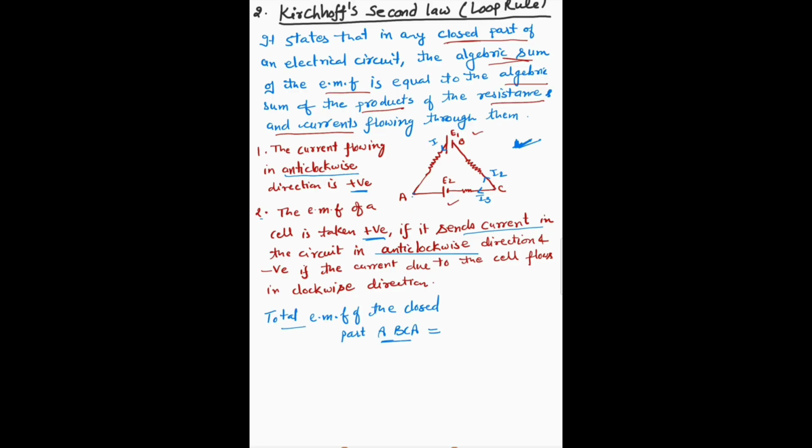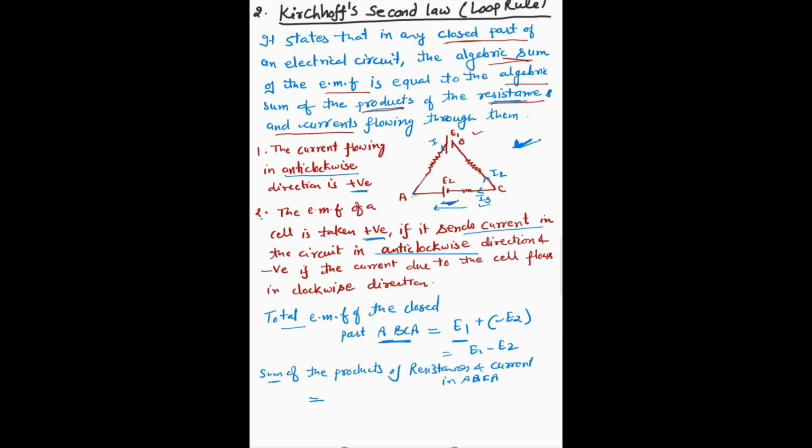So the total EMF of this closed loop ABC is E1 plus E2. E1 is sending current in anti-clockwise direction, so we take it as positive, and E2 is negative because it is sending current in clockwise direction. So this becomes E1 minus E2.